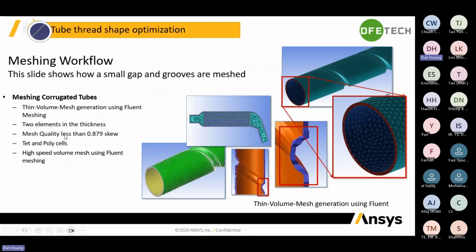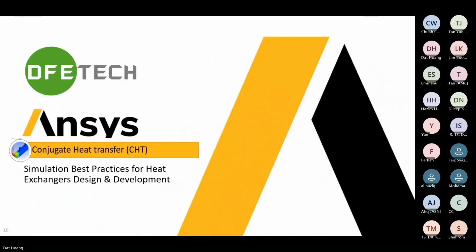For example, here the mesh quality is quite good, 0.88. We have poly cells, so it's very good for convergence and also saves a lot of mesh. This will work very well for the later conjugate heat transfer simulation.